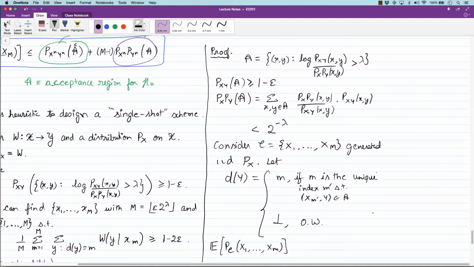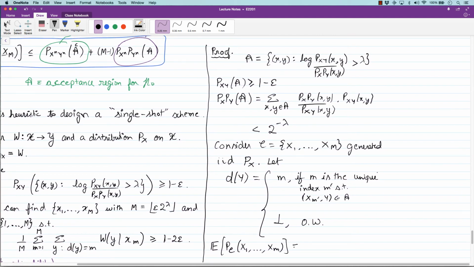The expected probability of error for x1 to xm can be bounded by two parts. The first part is the probability that although m was sent, the code word for m, this expectation, I'll just keep this expectation here.